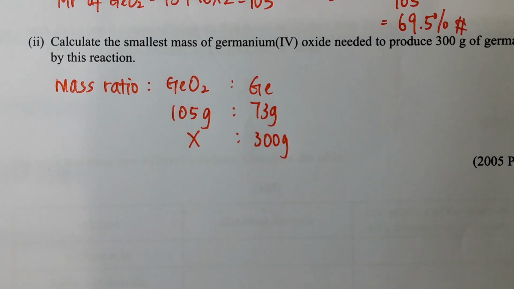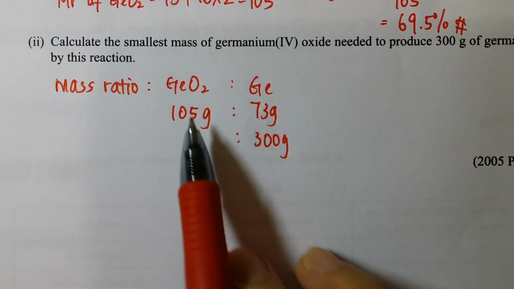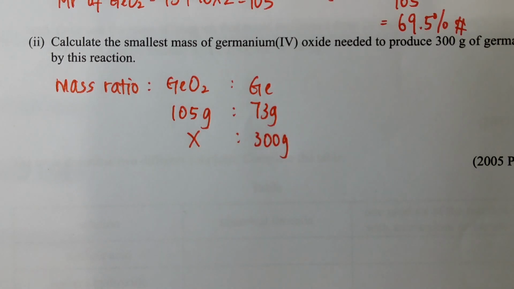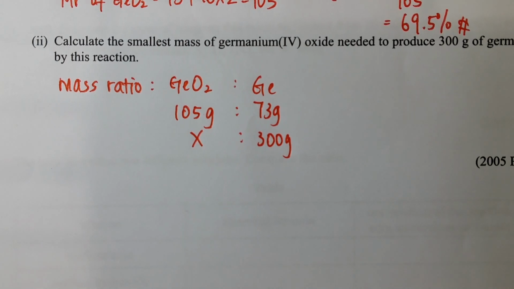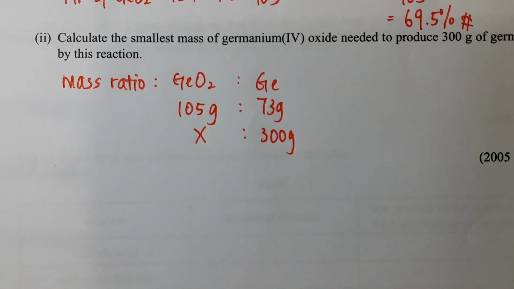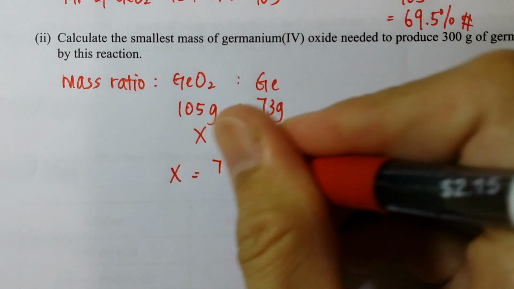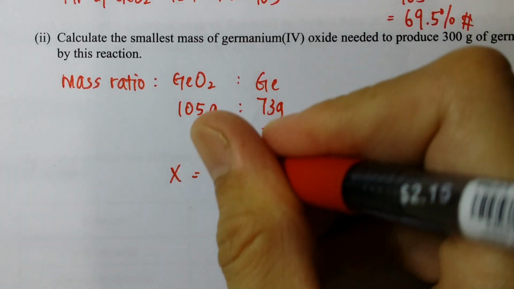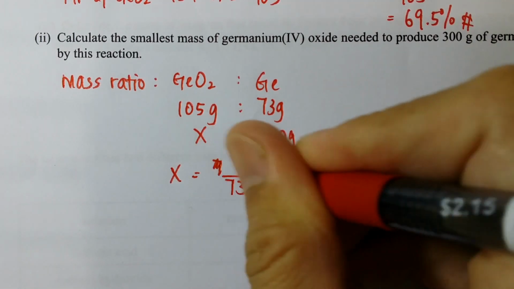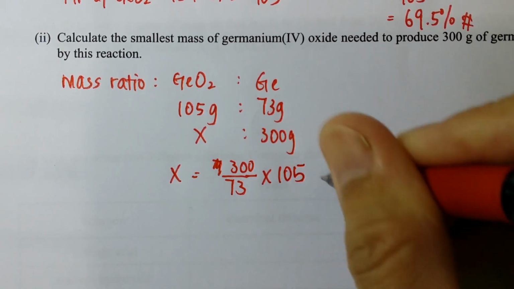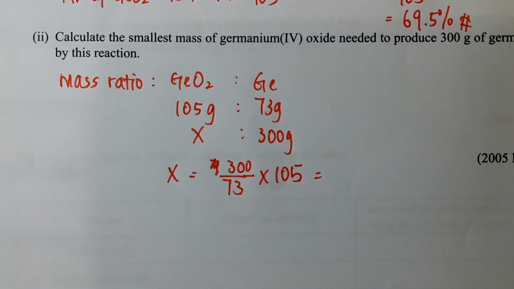So this is like cross multiply. This one multiply this one equals to this one multiply this one. Or you can also do it like this: your x would be 300 times 105 over 73. Okay, it's the same.